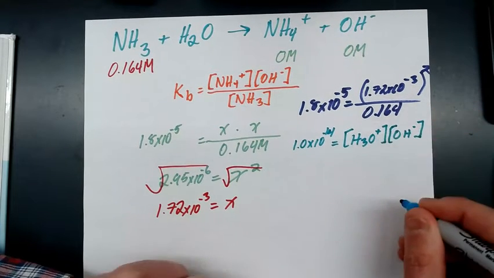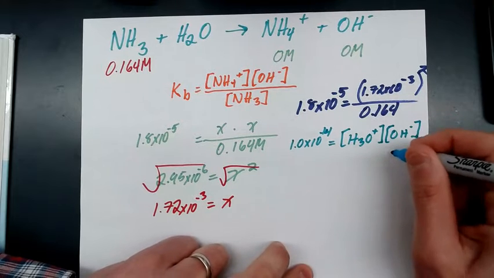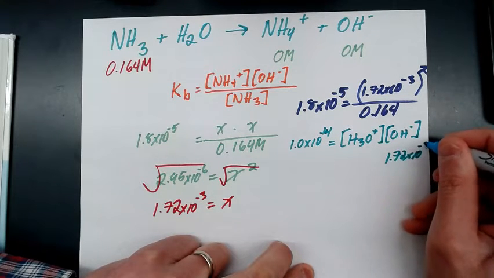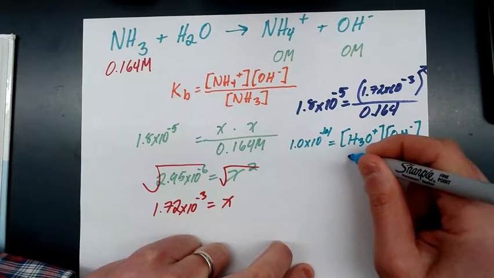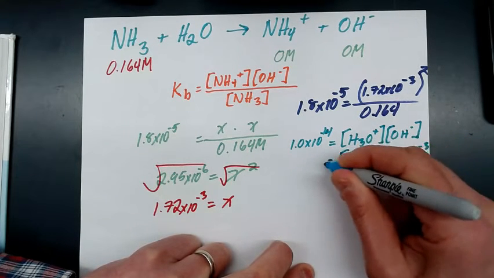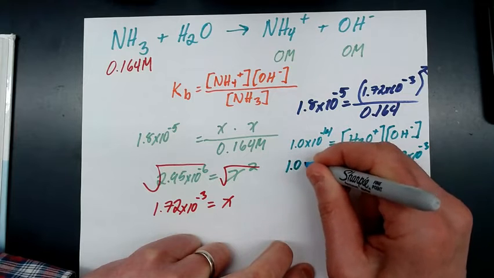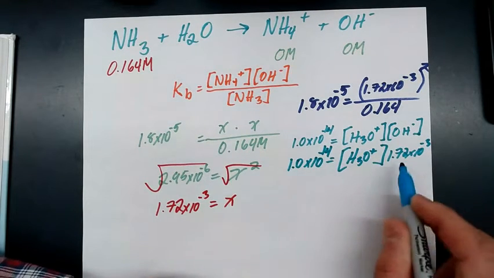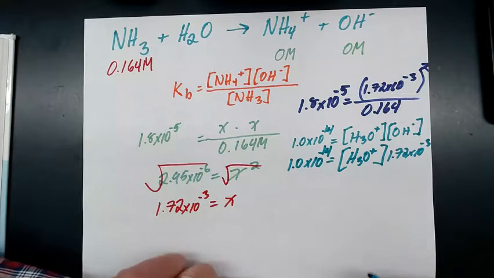So now I can plug that number in, which is 1.72 times 10 to the negative 3rd. I'm going to find out what my concentration of hydronium is when I go 1.0 times 10 to the negative 14 divided by 1.72 times 10 to the negative 3rd.